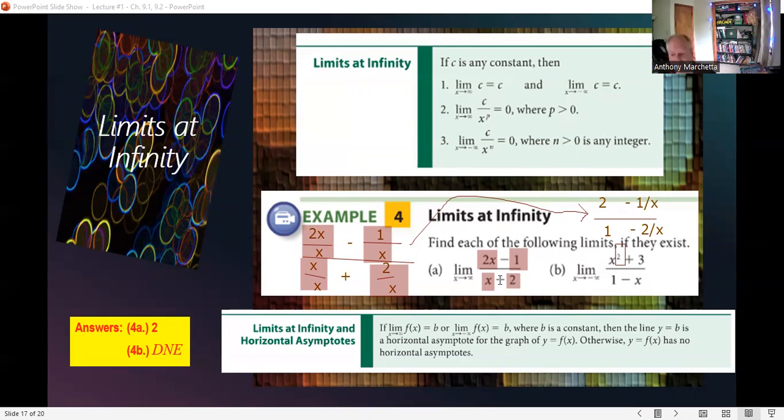Now, take the limit of each of these things. Remember we talked about how we have important rules that give you the license to take the limit of each of the things in the sum, or if it's rational, you take the limit of the top and the limit of the bottom, right? So what we're going to do is take the limit of each thing. So let's do that now. The limit of this is 2. That's this idea, right? The limit of this is 0.